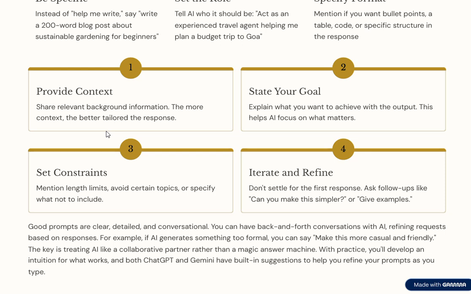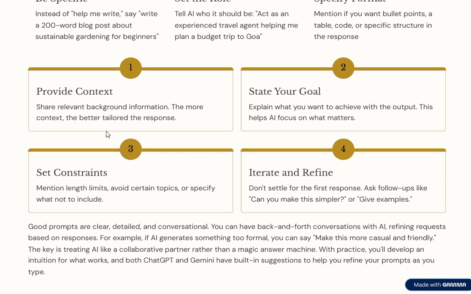Try to converse, try to communicate, try to be collaborative. These are the things that are going to help you.